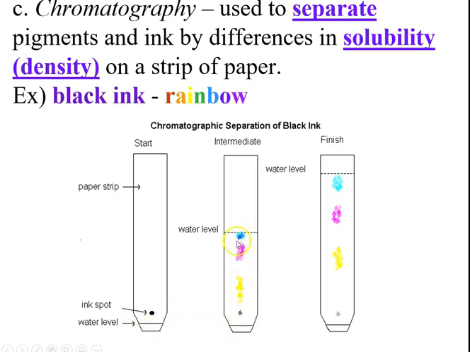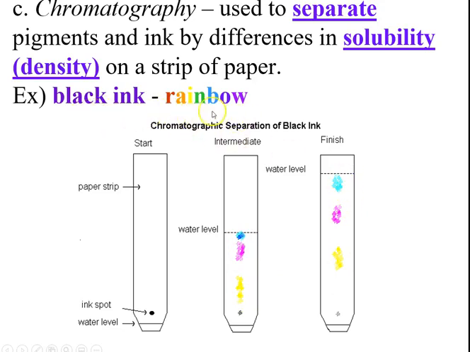In my example here, the blue is either more attracted to the solvent in the paper, or it's lighter, or if you're doing certain kinds of chromatography, the less it weighs will help it go quicker. The heavier or less attracted thing will go slower, so that as your solvent, in this case water, travels up this piece of paper, the pigments that were in there will separate out. And that's what chromatography represents.